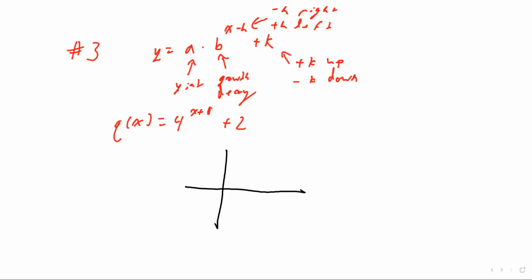So to start this off, this guy right here is going to affect my horizontal asymptote. So when I say plus 2, I know I'm going up. So instead of a horizontal asymptote at y equals 0, that now means I have a horizontal asymptote at y equals 2.